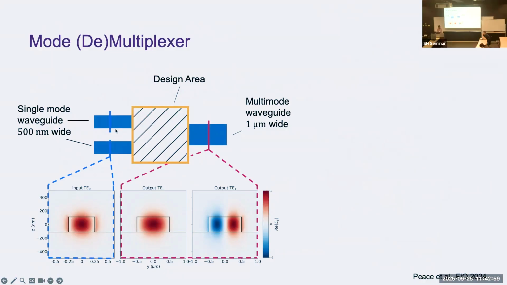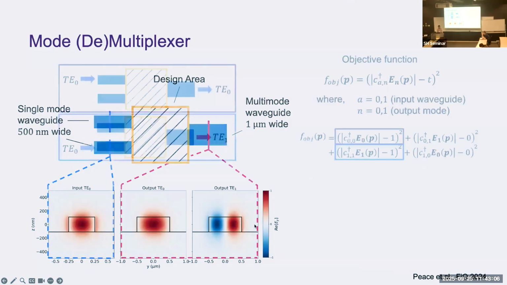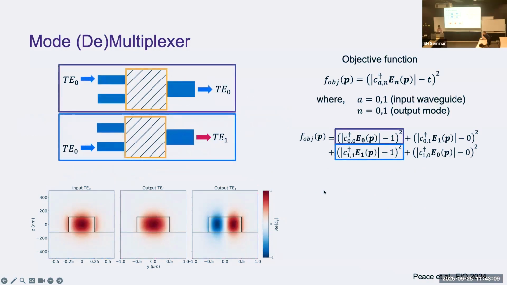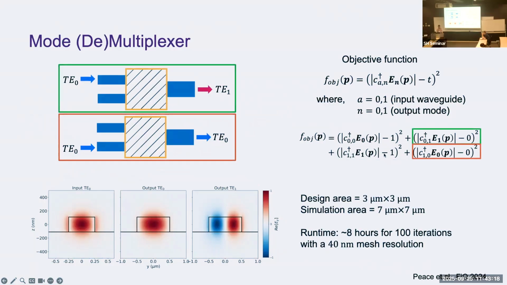You've got a single mode here, and after this device I want them to be TE0 and TE1. So I define a cost function: maximize transmission to the correct mode, and minimize transmission to the wrong mode. Then I let the algorithm find me the device that will fit in a 3x3 micron silicon chip.